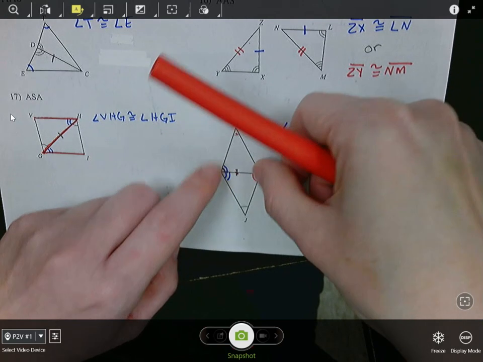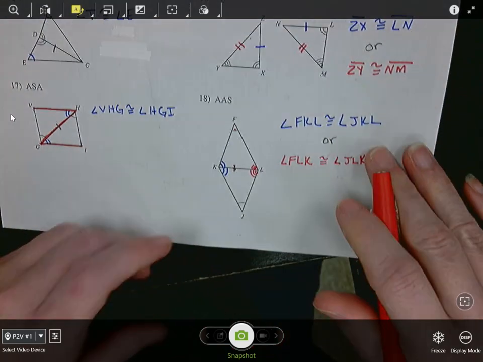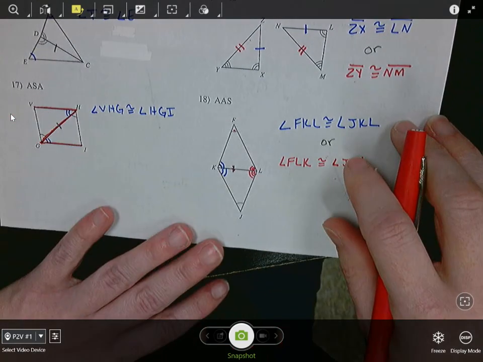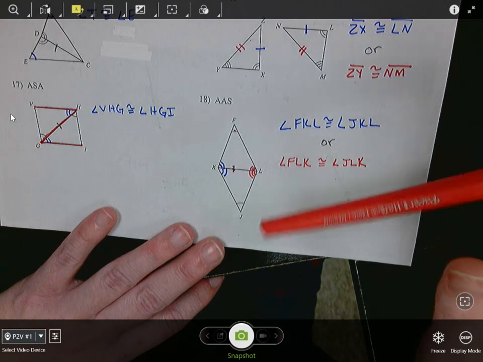Like this one would be going this way and that one would be going that way. So you could have done that also, and that would have worked. So there's actually like 4 different possibilities you could have put on number 18.